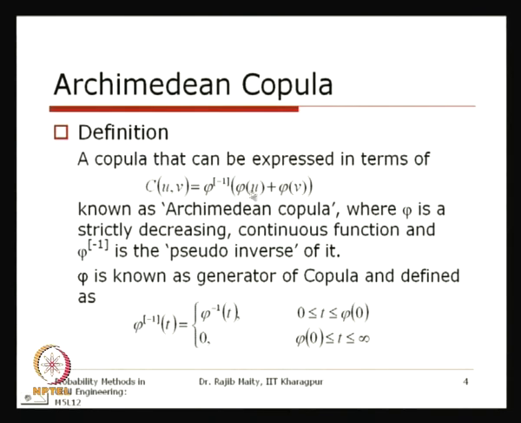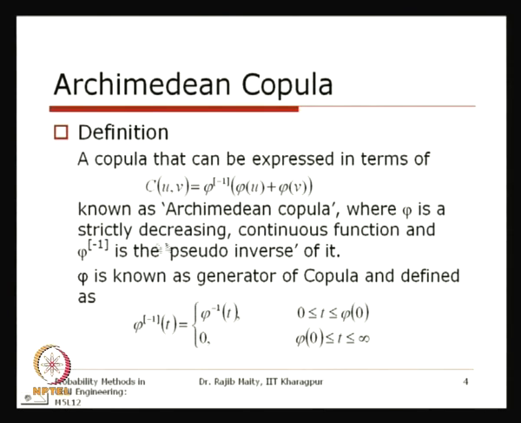The first term is phi u and the second is phi v, so the functional form of phi is the same. If we add them and then take the inverse, this inverse is known as the pseudo inverse, which we will explain in a minute. If we can express the copula in this form, then that class of copula is known as Archimedean copula. Now, this function phi is a strictly increasing continuous function.